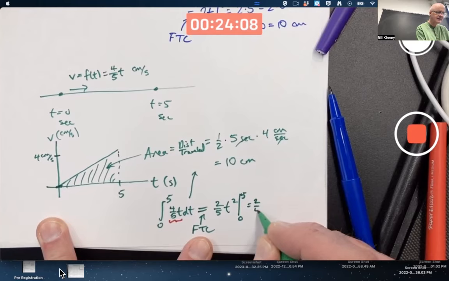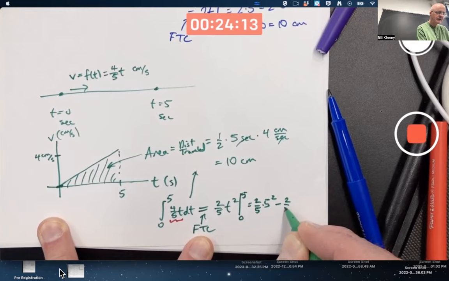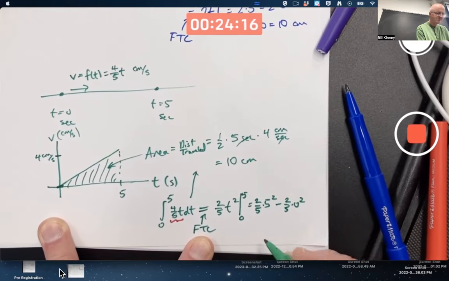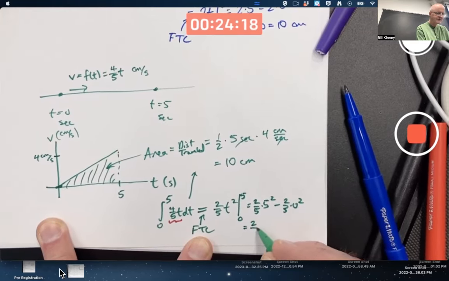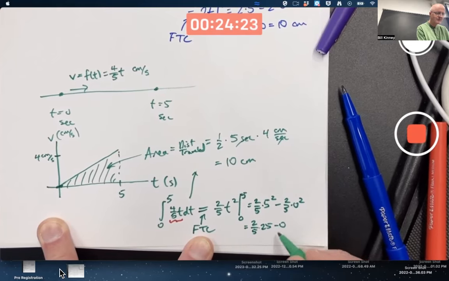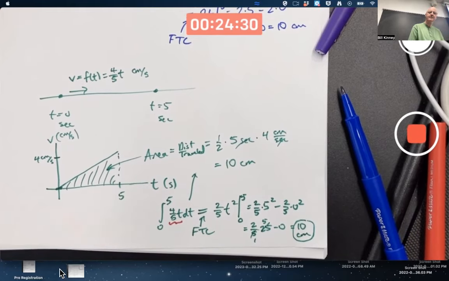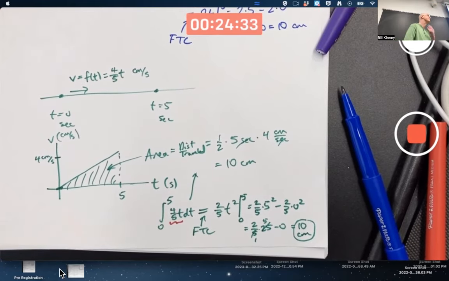So we get 2/5 times 5 squared minus 2/5 times 0 squared. 2/5 times 25 minus 0 is 25, and the 5s cancel to give you 2 times 5, which is 10. 10 centimeters, same answer. Okay. Can I clarify anything there? This is super important stuff.